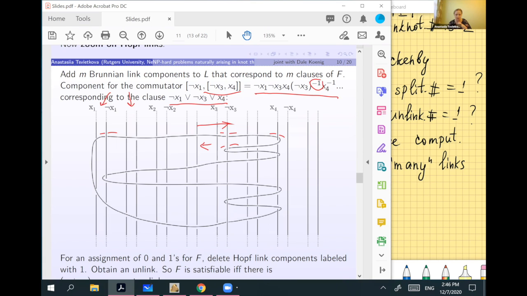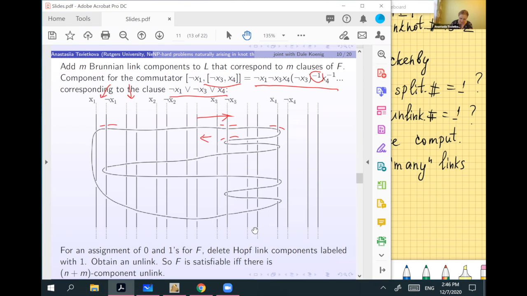And it was described, I think, by Dale Rolfsen, maybe. Well, he doesn't say anything in that detail, but he has a picture in his knot theory textbook. And what happens now is that this is Brunnian.